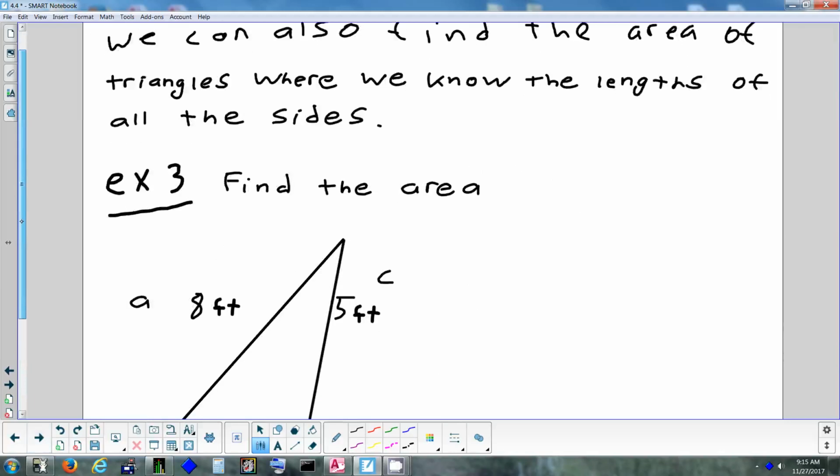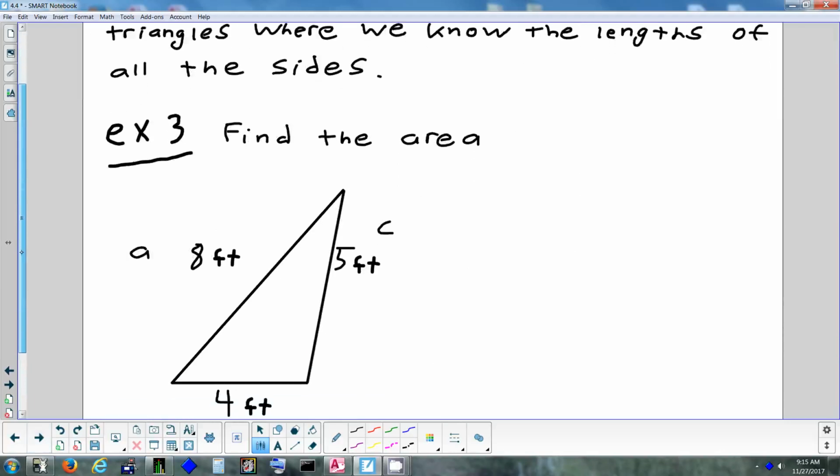So you can still find the area, but what are we missing here that you would need to know in order to use the formula we just wrote down? Yep, an angle, which one? One between 4 and 5. The one between 4 and 5? That would work. Anything else?